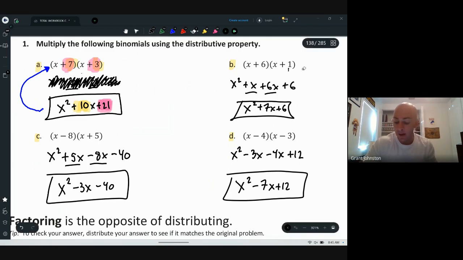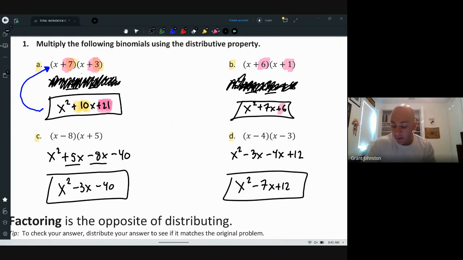And you're going to see that with B as well. I want you to look at that. 6 times 1 is 6, and 6 plus 1 is 7.